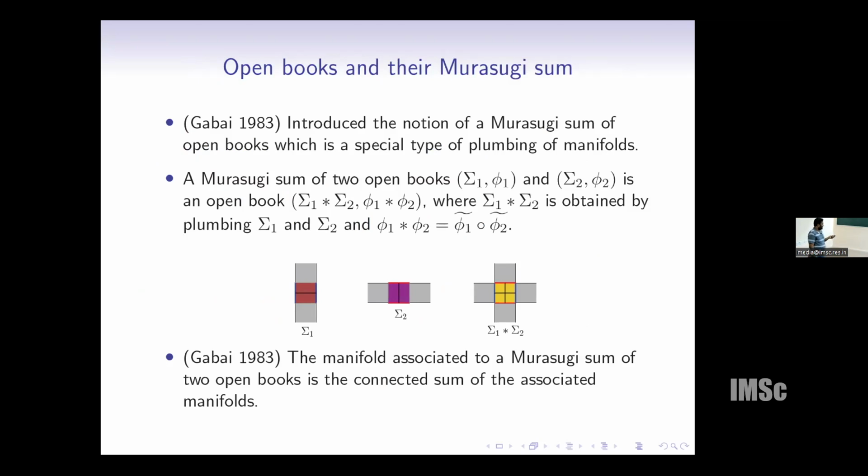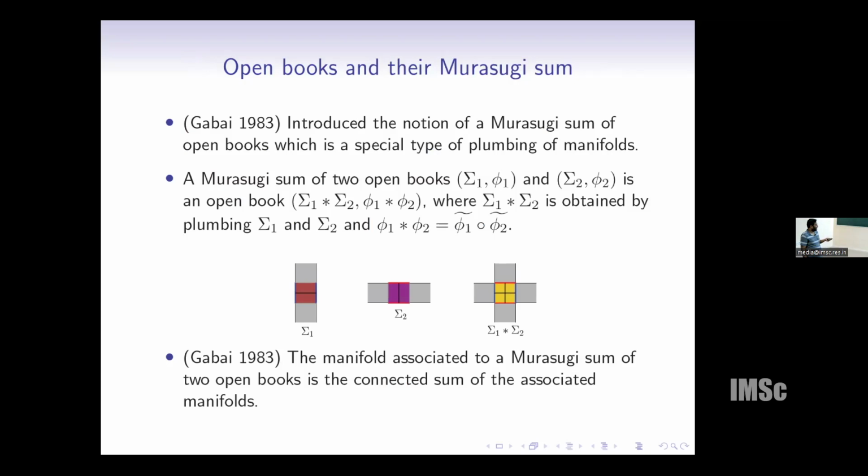The notion of Murasugi sum is defined as follows. The Murasugi sum of open books (sigma 1, phi 1) and (sigma 2, phi 2) is an open book (sigma 1 star sigma 2, phi 1 star phi 2), where sigma 1 star sigma 2 is obtained by plumbing sigma 1 and sigma 2, and phi 1 star phi 2 is phi 1 tilde composed with phi 2 tilde. By plumbing we mean this diagram: this is the local figure of sigma 1 and sigma 2, and we have a properly embedded arc in sigma 1 and sigma 2 and a thickening of that, and we identify in this manner to get sigma 1 star sigma 2.